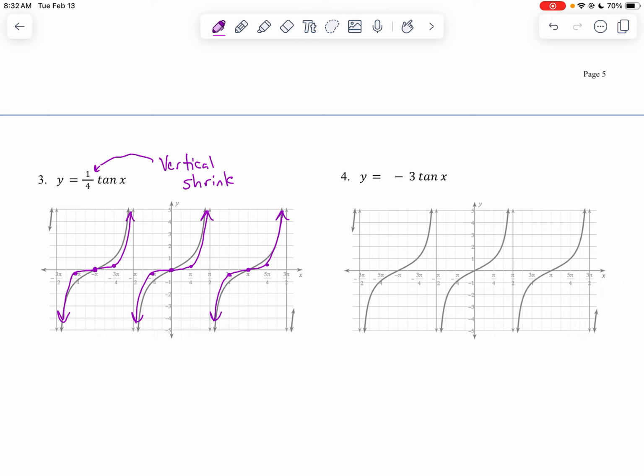In number 4, once again, we have another value that's a multiplier to that tangent of x, so we're going to be doing some vertical stretching / shrinking. What's different about it, though? There's a negative sign. And we saw one of these with our sine and cosine graphs the other day. If we have a negative sign out front, not only could we possibly be stretching or shrinking, but that negative sign says we are going to reflect over the x-axis.